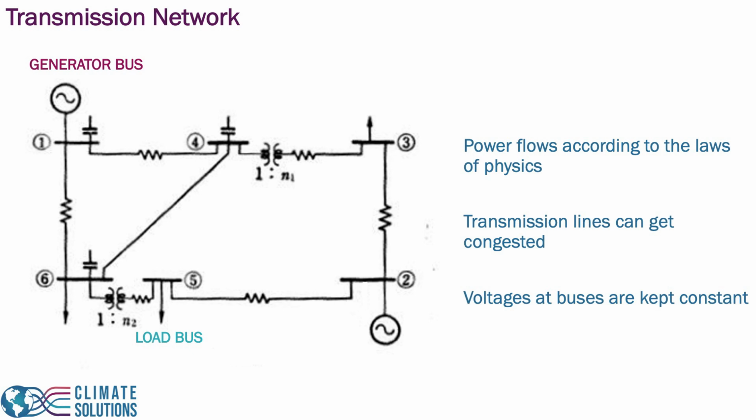The transmission network is operated in such a way that voltage magnitudes are kept nearly constant, and magnitude differences are very small. This facilitates safety and reliability. When power flows through a line, it faces resistance due to their non-ideal nature. Here you can see we represent that as a resistor. The current flowing through the line causes a power loss that dissipates in the form of heat. This causes the line to expand and eventually sag.